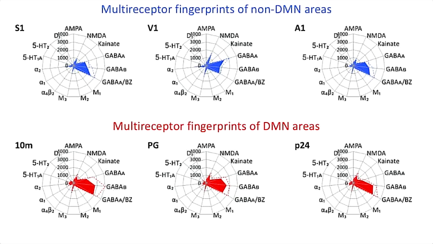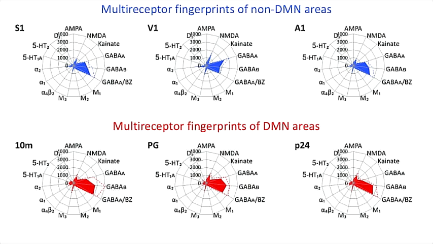The prefrontal area 10 medial, that's PG2, what Catherine has shown. The area PG, which Svenja has shown in her work on the inferior parietal cortex, and the area P24 seem to be relatively similar compared with this.